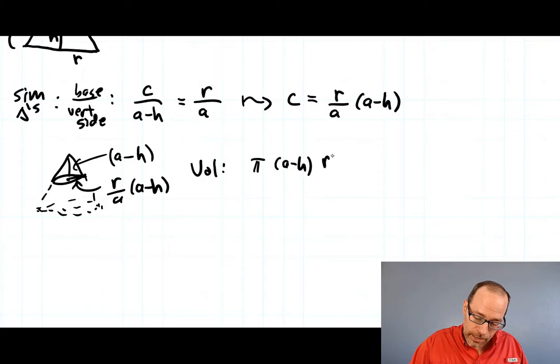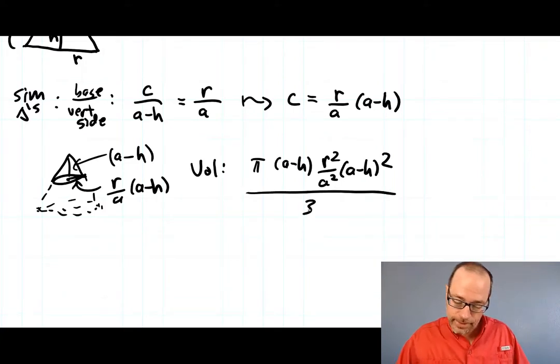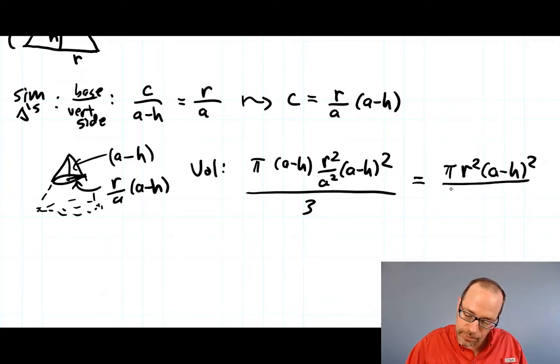So that would be r squared over a squared times a minus h squared. You square everything, all over 3. And so this will simplify to pi times r squared, a minus h squared, all over 3a squared.